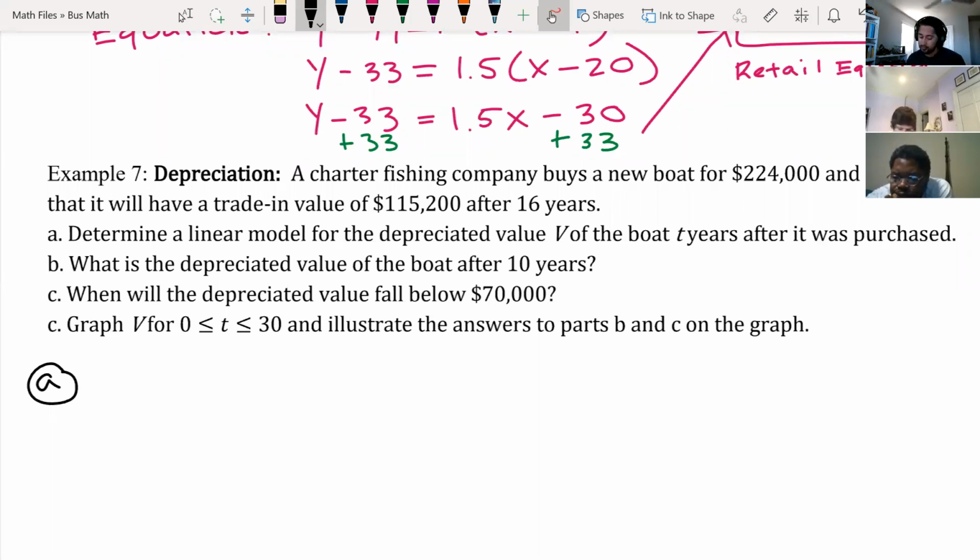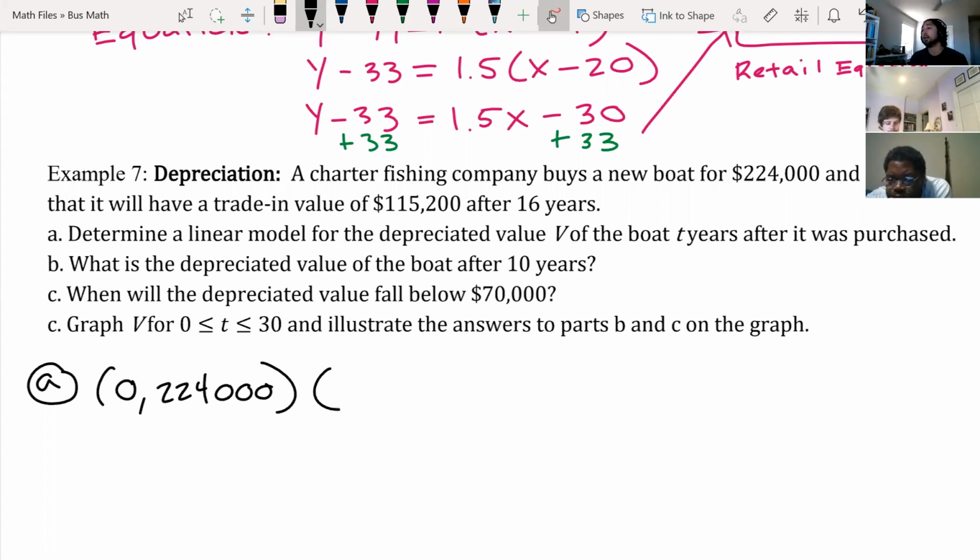Looking at the problem, it's already giving us 2 points. Remember that T represents years and Y will represent price. So if you just bought the boat, how many years have passed? 0 years at $224,000.